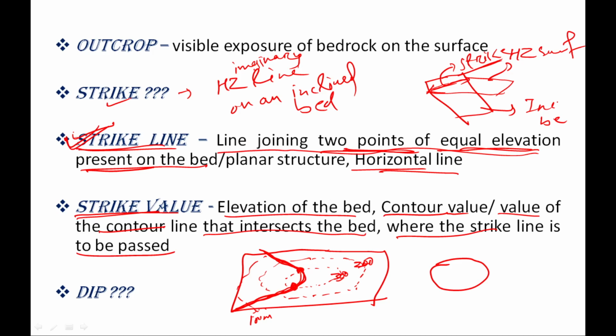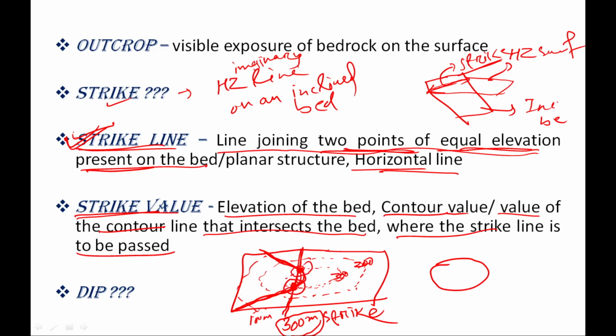So if you join these 2 points like this, this line is a 300 meter strike. This strike line is joining 2 points of equal elevation, and this 300 meter is the strike value, which is nothing but the value of the contour line which is passing through these 2 points, okay?